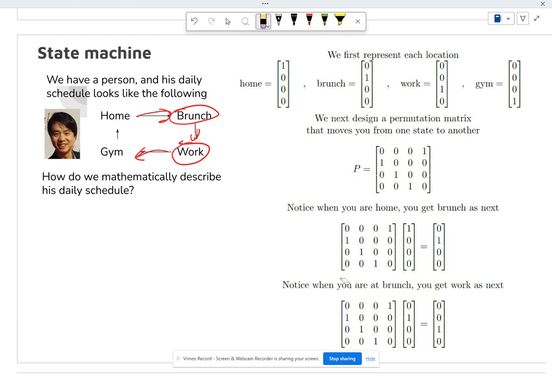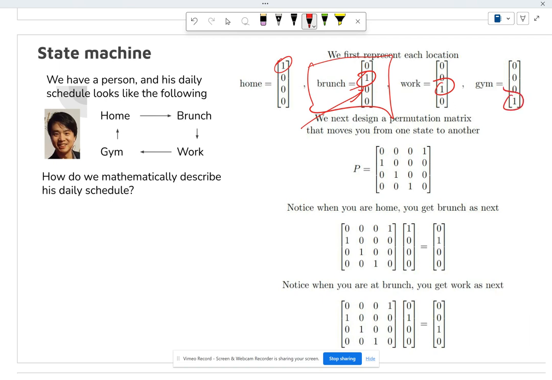And I can represent these 4 states with a vector. So if I'm home, I can say that's the first one, right? So this is equal to home. When I see this vector, that means I'm home. Now, if I see this vector, it means I'm at brunch. So notice the first state is home, the second state is brunch, third state, and the fourth state is gym.